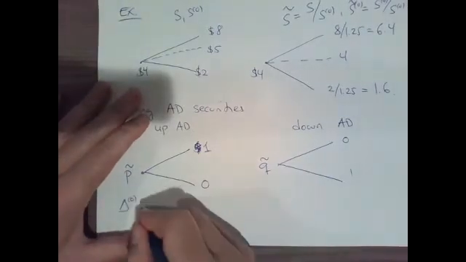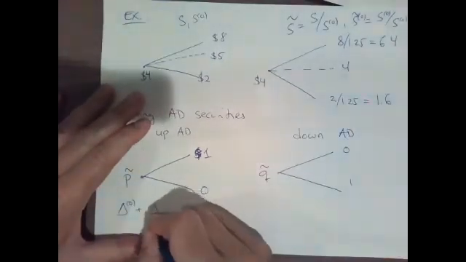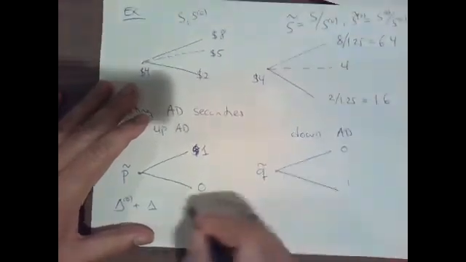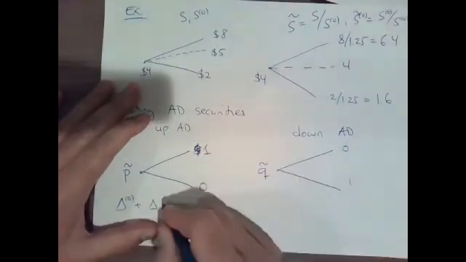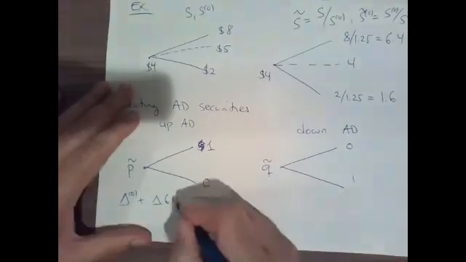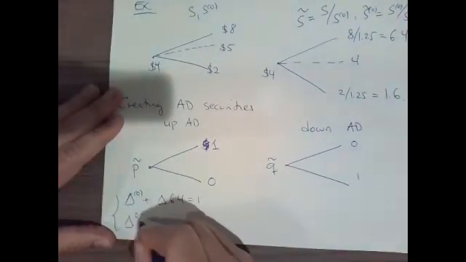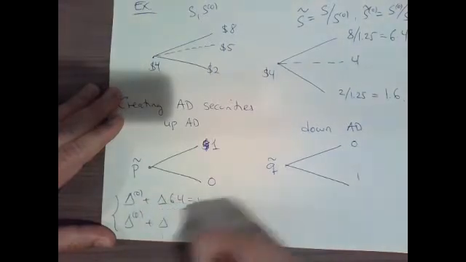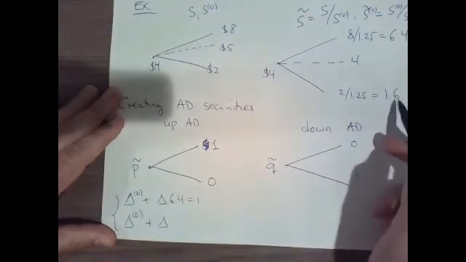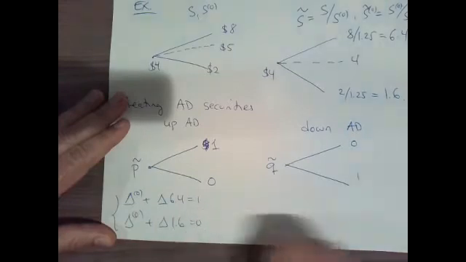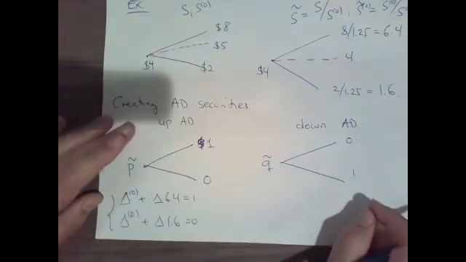And the other ones, the stock, will be delta units of the stock, and then at the end it'll pay out 6.2, 6.4, and you have to get the 1. So the same thing here, but instead of 6.4, you get 1.6. So that's one system to solve.